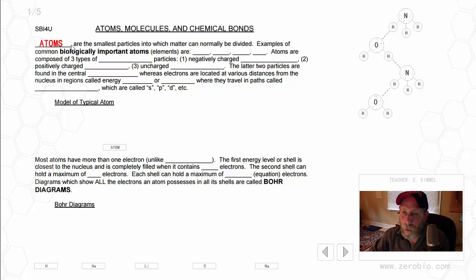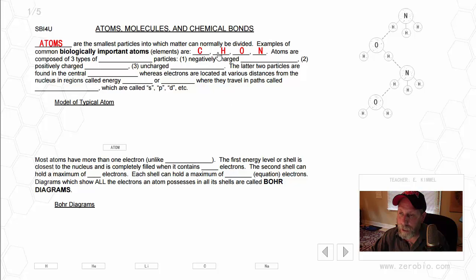Examples of common biologically important atoms, and I bolded that because there are many atoms or elements that you will have seen in the periodic table, but the ones that we really care about in biology, as opposed to, say, a chemistry class or maybe even physics, are these: carbon, hydrogen, oxygen, and nitrogen.